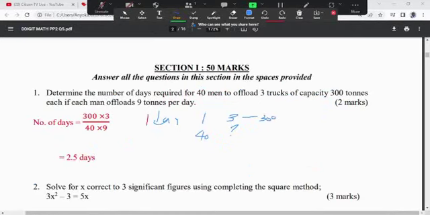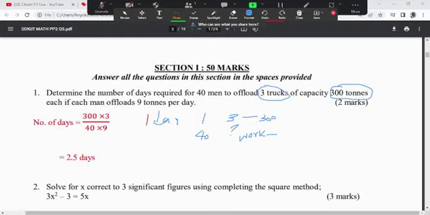So in total, the work that should be done is to offload 3 trucks, which has a capacity of 300 tons.